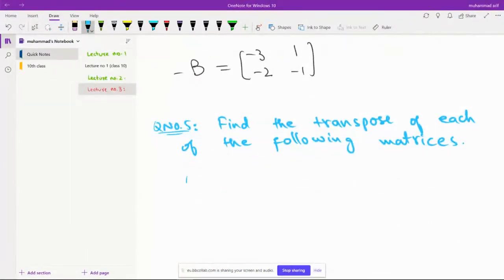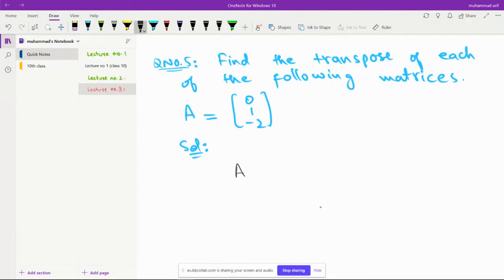The first matrix is A is equal to 0, 1, -2. Here matrix A is 0, 1, -2.